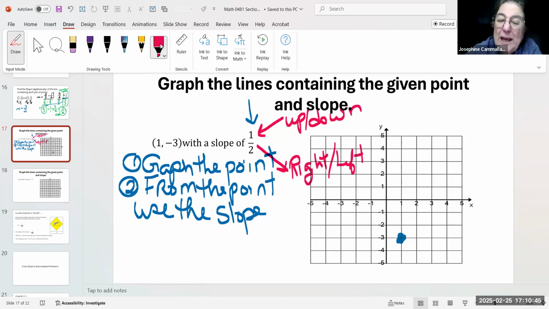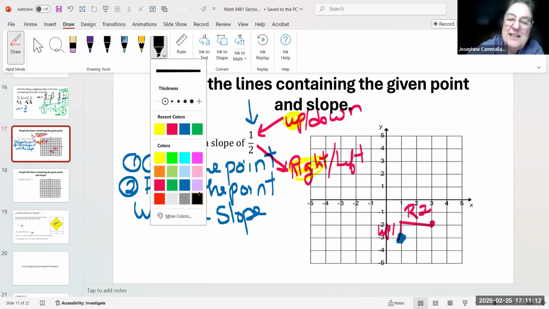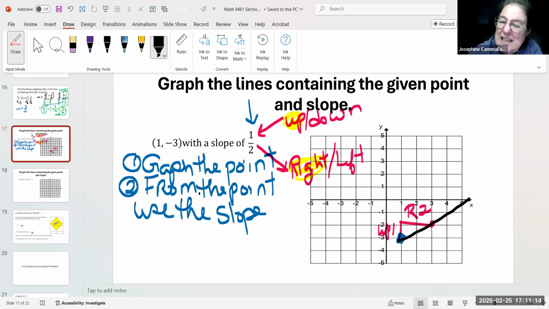So that means we're going up 1, right 2. Right there. Right 2. But remember, we just went up and right, and that took us in this direction.